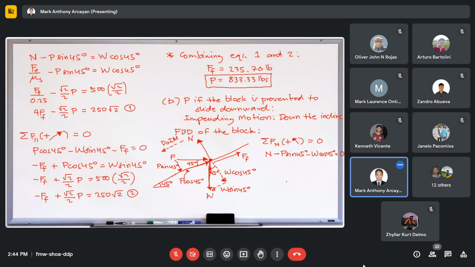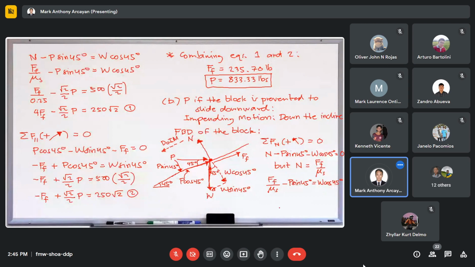Then, naa man tay relation nga ang normal force is equal to the frictional force divided by the coefficient of static friction. So, ato na siya i-substitute. This is F sub F over mu S, then minus P sine 45 degrees is equal to the weight cosine 45 degrees.